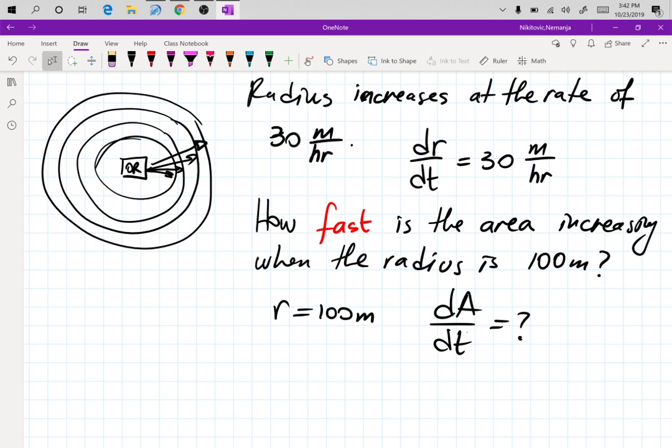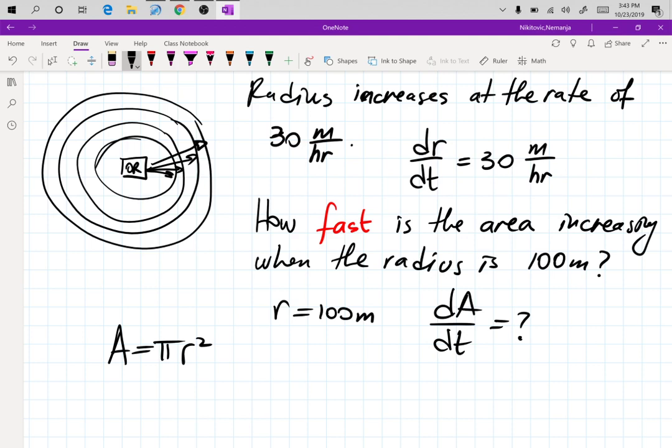Pi r squared. Great. And we are going to differentiate that in time to create our related rates. Derivative of A is 1, followed by dA/dt. On the other side, we have 2 pi r, and then dr/dt, because we took the derivative of r with respect to t.